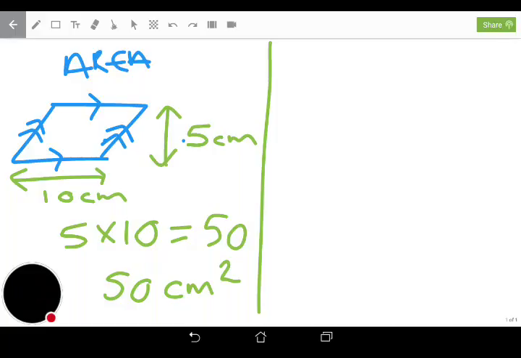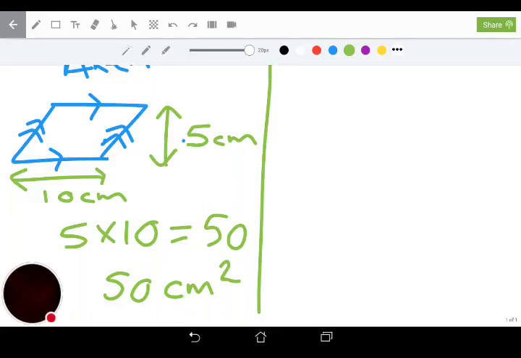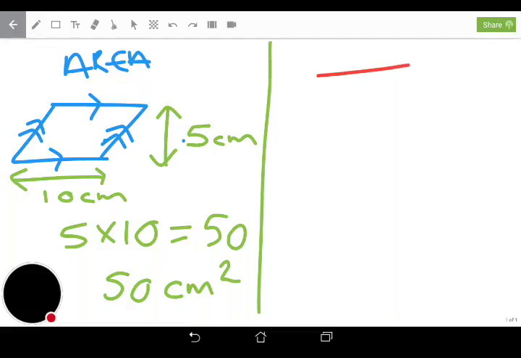But what I'm going to do here is give you an example of how potentially a question could look in the exam. So again, this time I'm going to do this one in red. This time we've got another parallelogram.